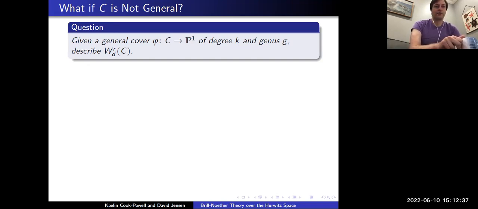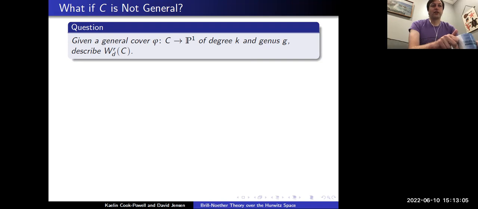Okay, so one way to make a curve not general is, let me say that in a better way: if you have a curve that has a map to P1 of sufficiently small degree, then it won't be general in the moduli space of curves by the results I was just mentioning.